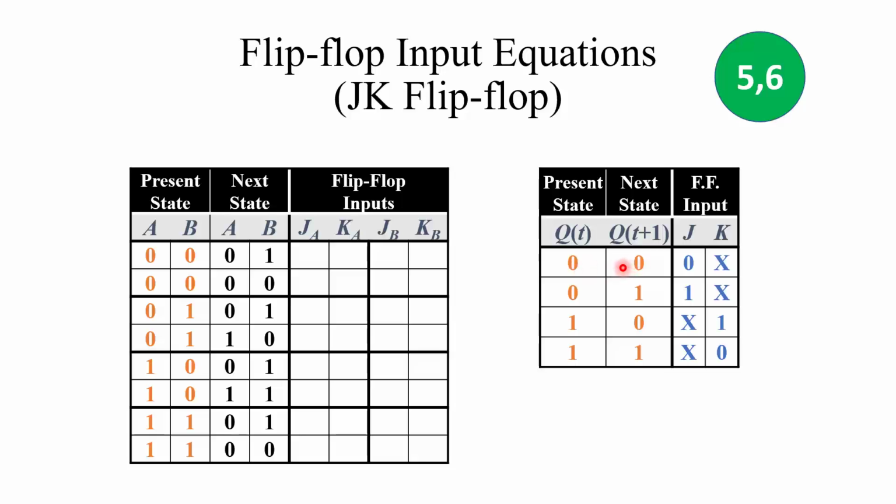This can occur with two possibilities: when both the inputs were 0 0 and there was no change in the present and the next states, or the second condition could be कि जब K high था और flip flop reset हुई है तब भी हमारी next state 0 ही इस केस में determine होगी. तो इस पर्टिकुलर केस के लिए हम इनपुट्स डिसाइड कर सकते हैं कि J will be 0 but K can be 0 which will occur in no change. तो हमारी प्रेजेंट स्टेट 0 थी, नेक्स्ट स्टेट भी 0 रहेगी, और K could be high, which means the flip flop will be reset and the next state will be 0.